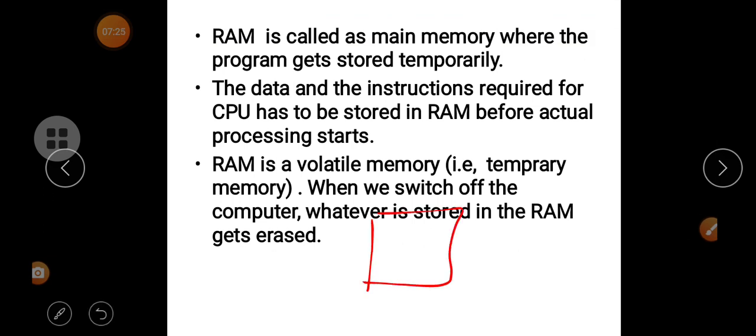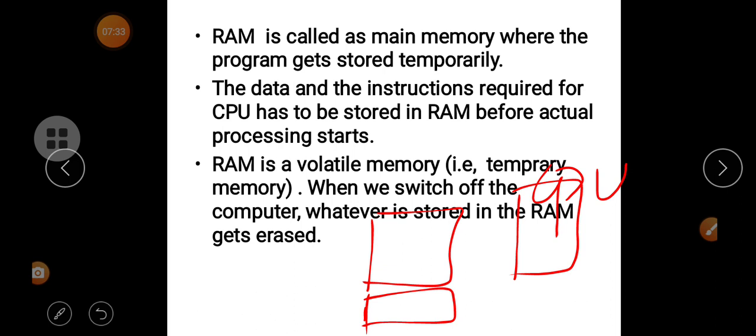For example, here there is a monitor, here there is a keyboard, and here there is a CPU. Inside this CPU there is a RAM slot, that is, on the motherboard there is a RAM slot. Instructions have to be passed for processing.